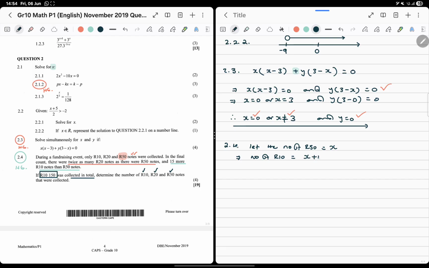So this would be X plus 15. And the number of 20 rand notes is going to be twice, which is basically 2 times X. So can you see, we just represented everything in terms of X, because the numbers of the others are related to the number of the 50 rand notes.